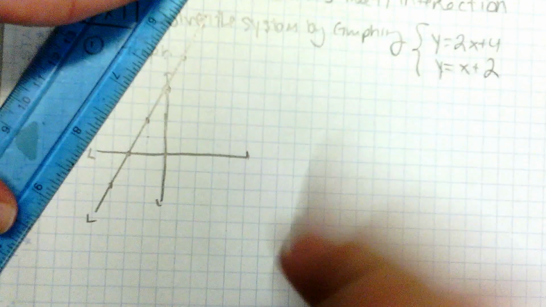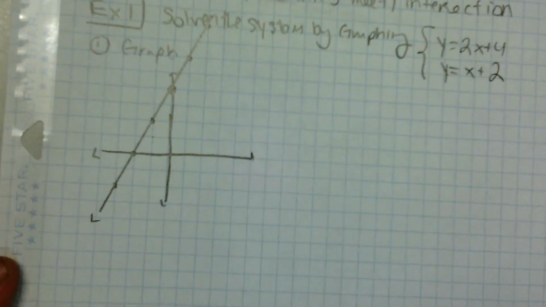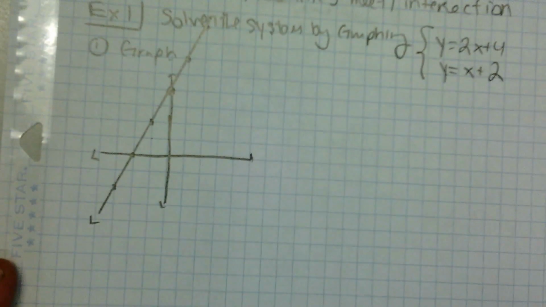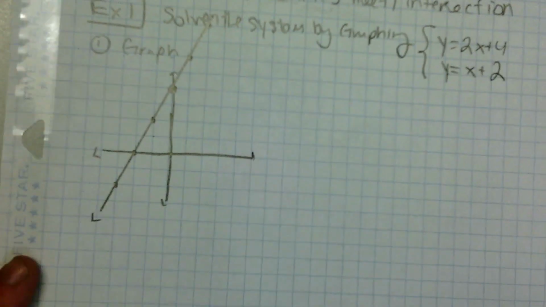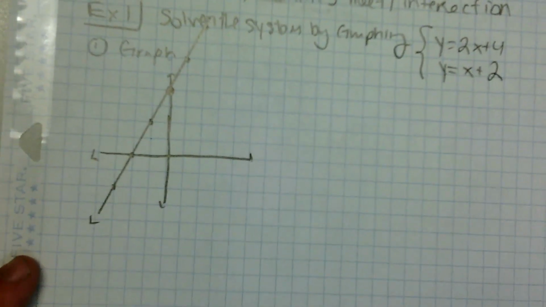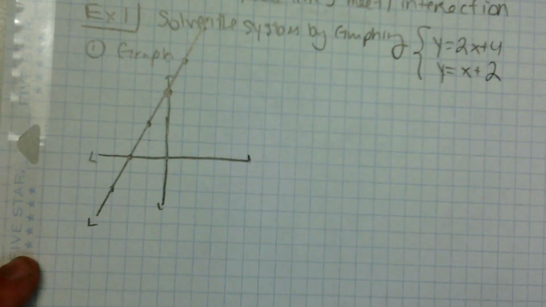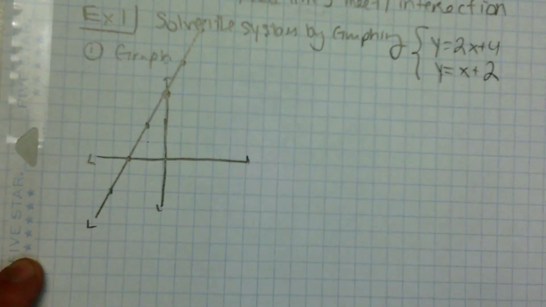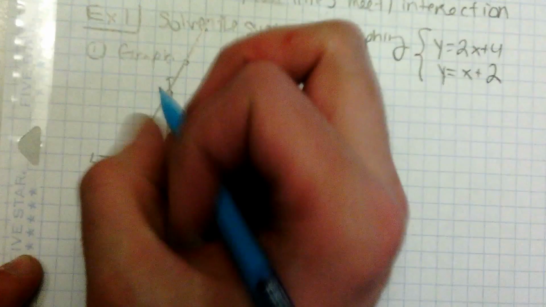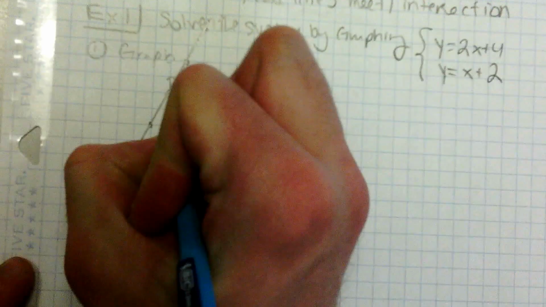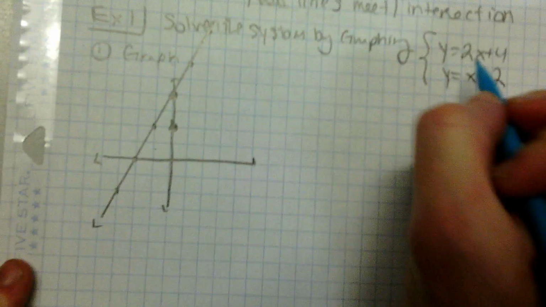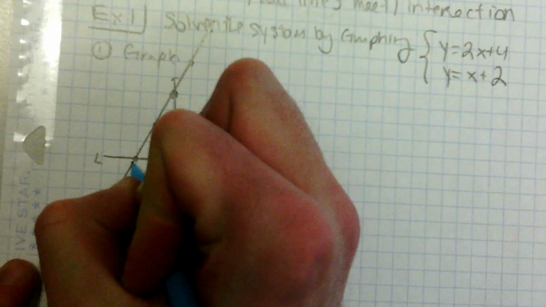Where am I going to plot that y-intercept? It is at 2. That rate of change is 1. So down 1 over 1, down 1 over 1, down 1 over 1.